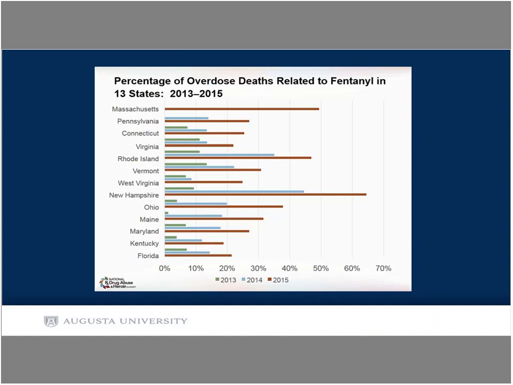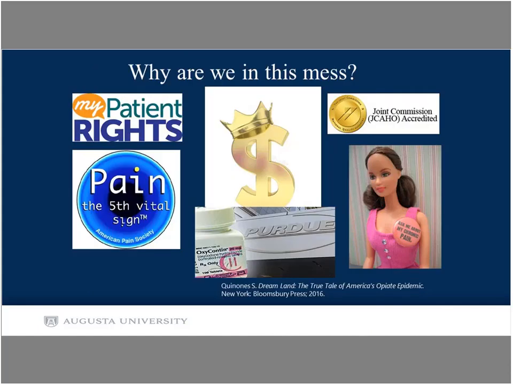And so you can see big spikes in the percentage of overdose deaths related to fentanyl, again, primarily concentrated in those northeastern states, Massachusetts, Pennsylvania, Rhode Island, New Hampshire, etc. So big increases in those overdose deaths in those areas, and it seems to be starting to spread across the country. So that's it for the epidemiology slide.